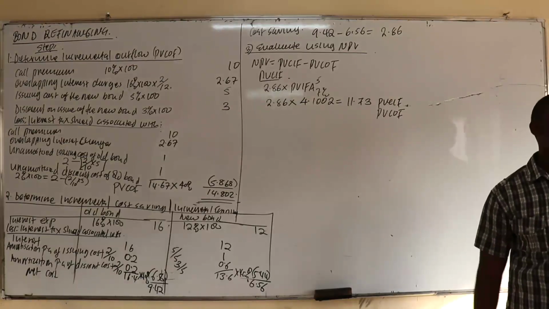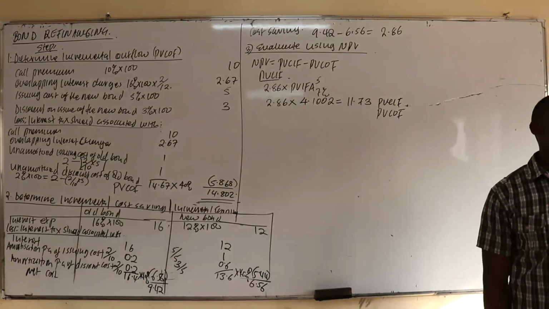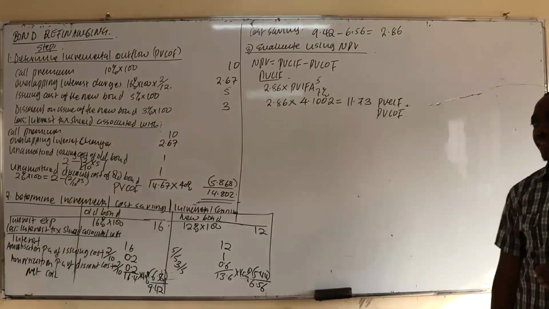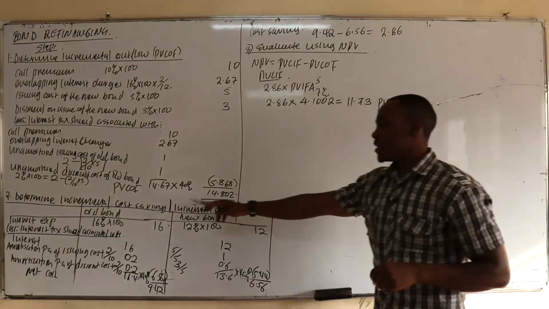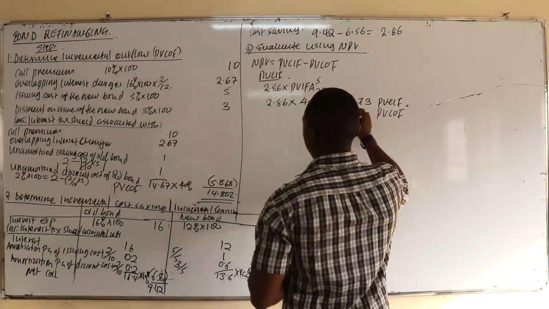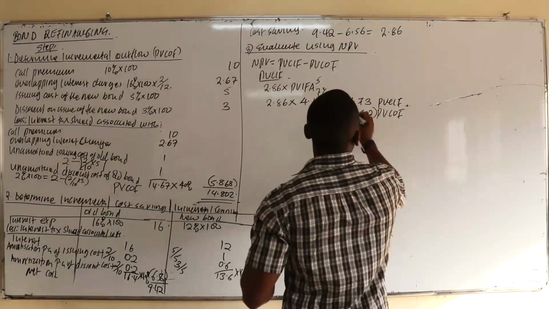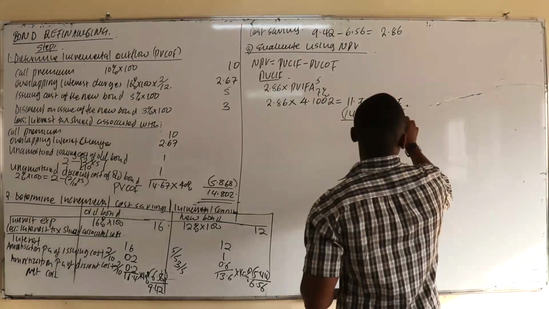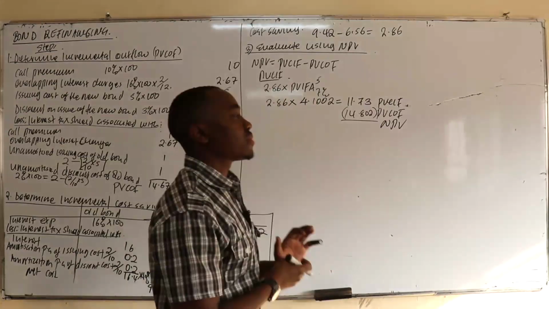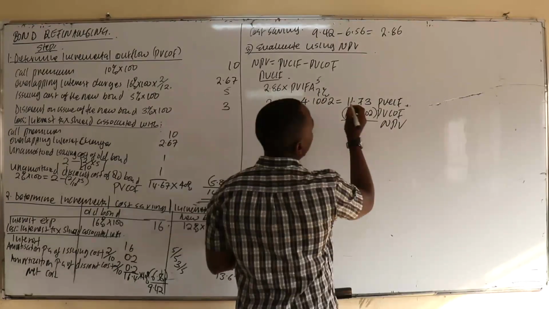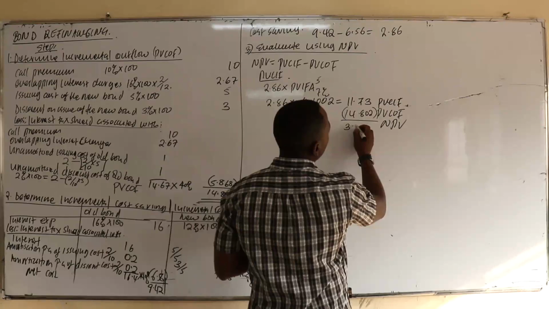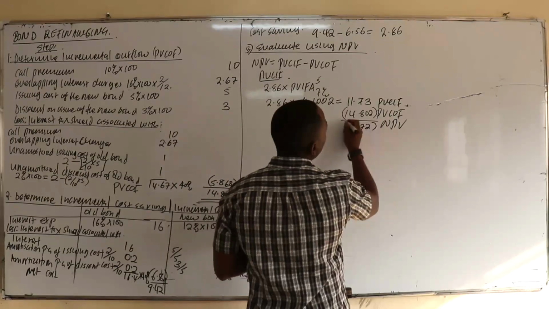That's what we computed in step number 1. The present value of cash outflow was 14.802. How much is our net present value? 3.07, which is a negative, right?